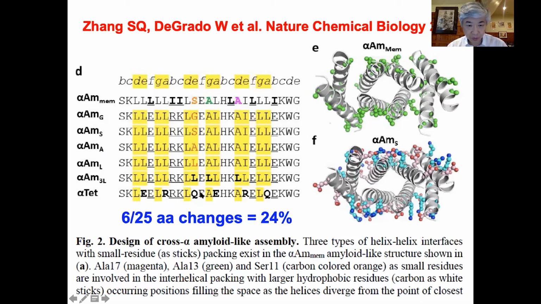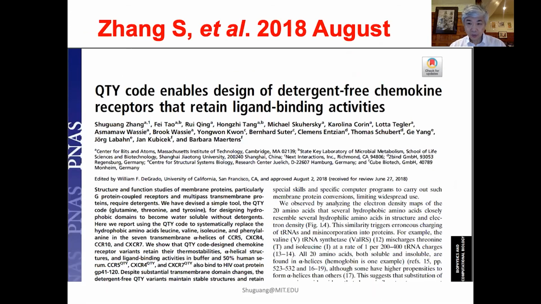Now it becomes water soluble by changing 6 amino acids out of 25, a 24% change. A 24% change is substantial. We were inspired by that work. We also design membrane proteins, making them become water soluble.